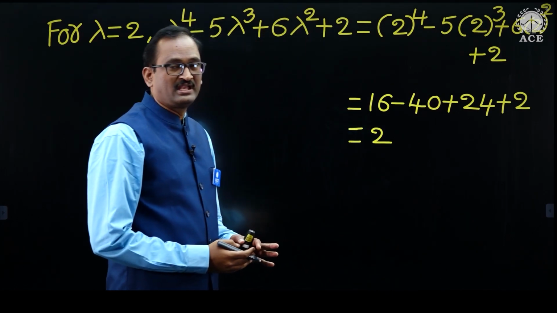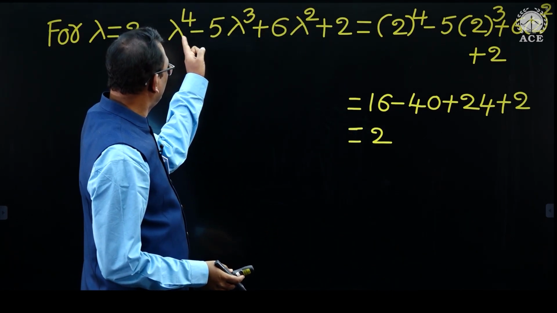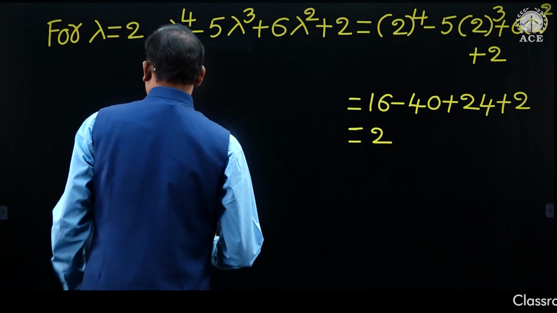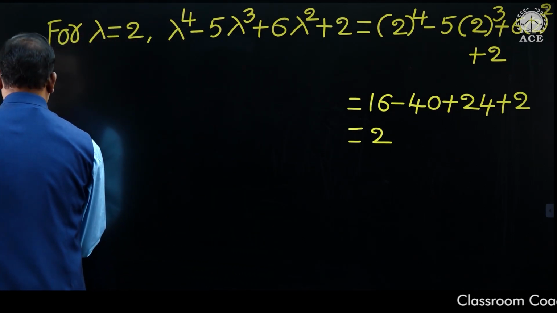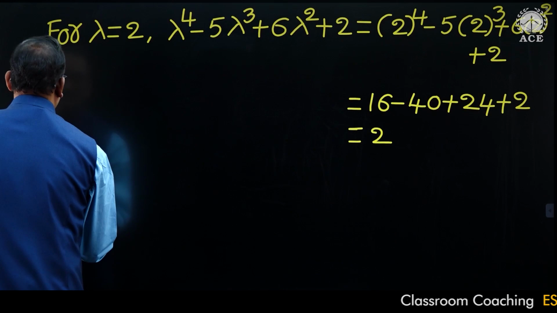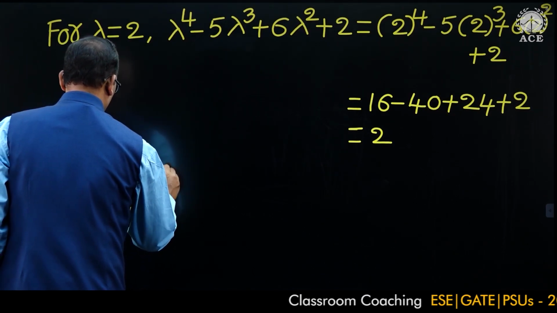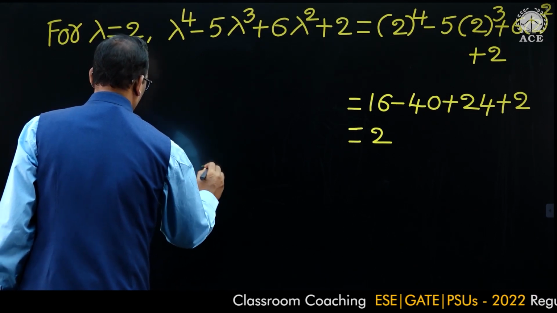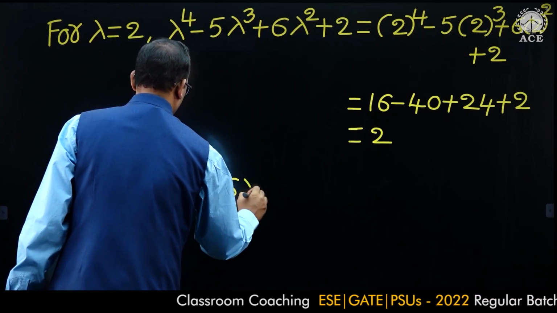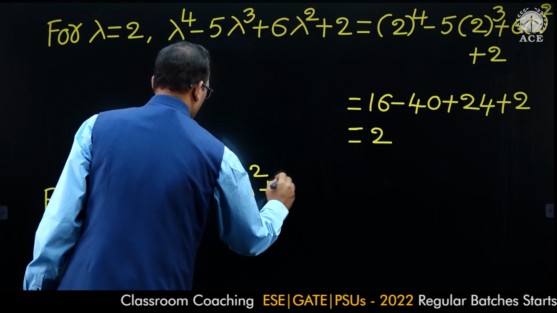Similarly, let us find the eigenvalue corresponding to this equation. Now, for lambda is equal to 3, we have lambda power 4 minus 5 lambda cube plus 6 lambda square plus 2.